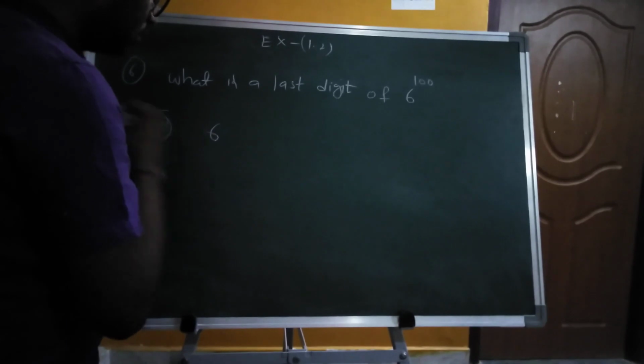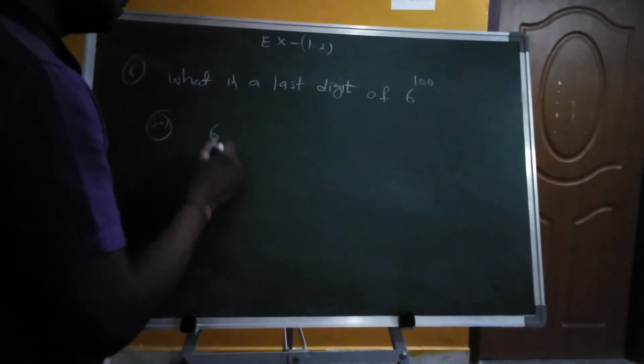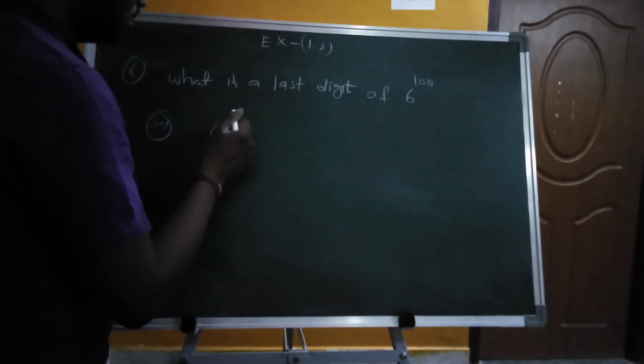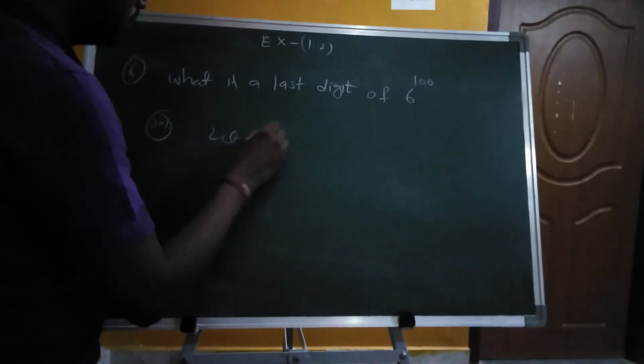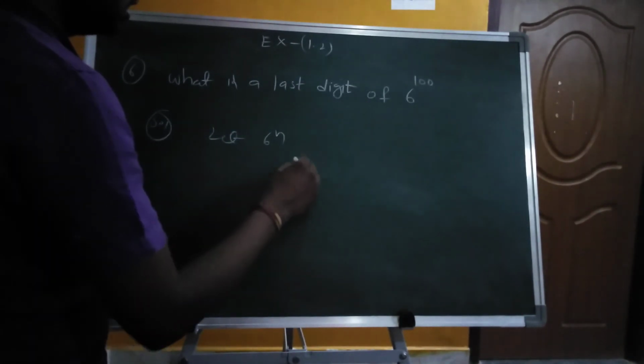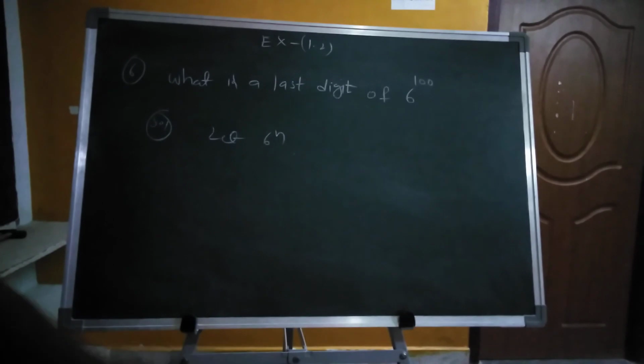First, let's see 6 power n, where n is a natural number. This problem is also like the third problem.